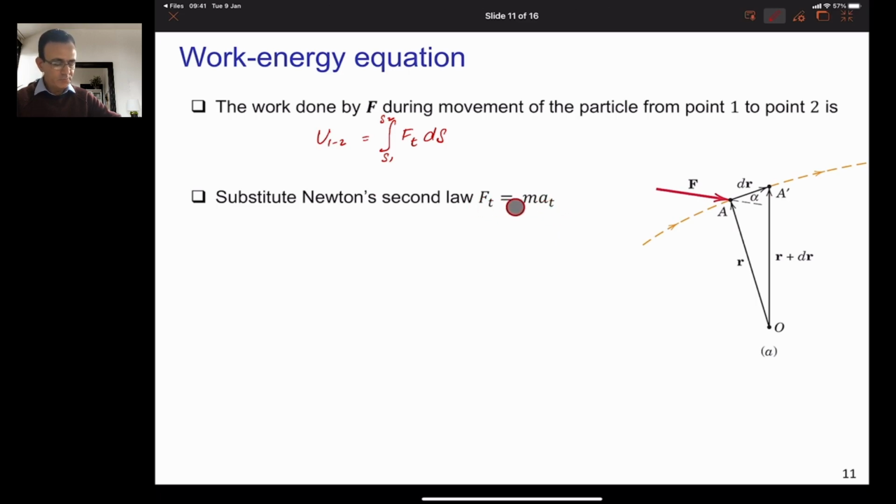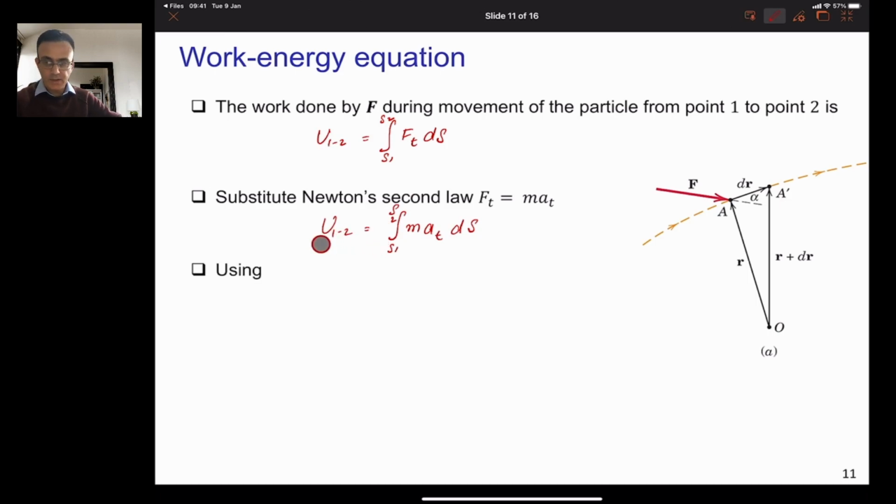So if we just replace this equation in case of Ft, then U1 to 2 will become equal to the integral from s1 to s2 of m at ds. So this is how we end up with this equation here.